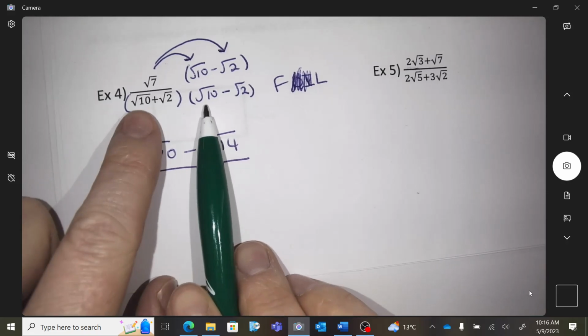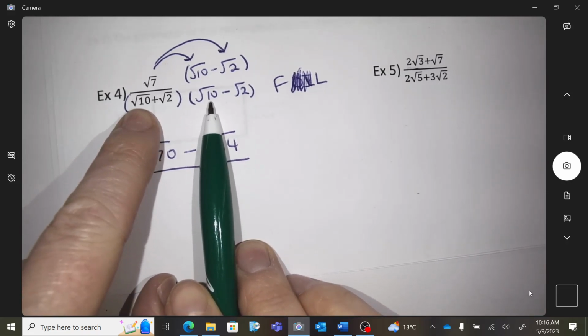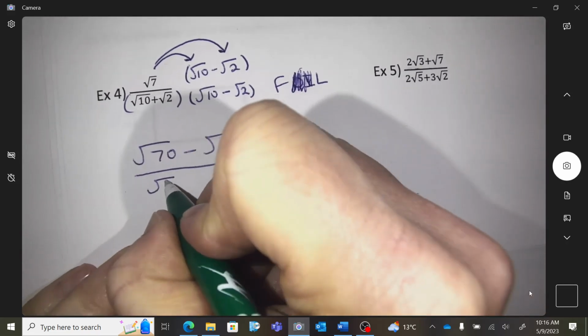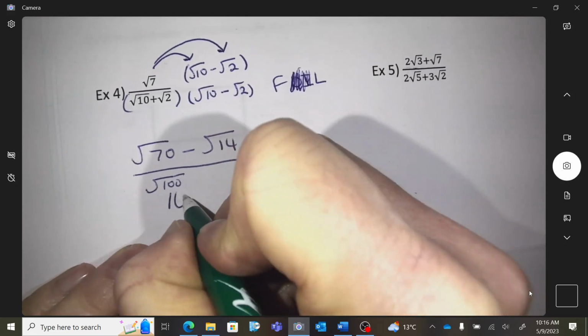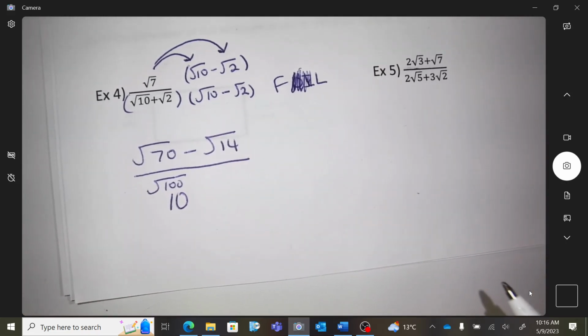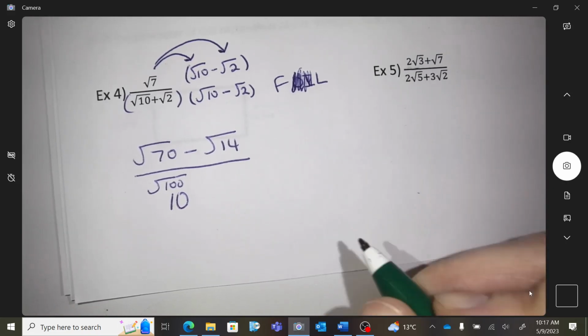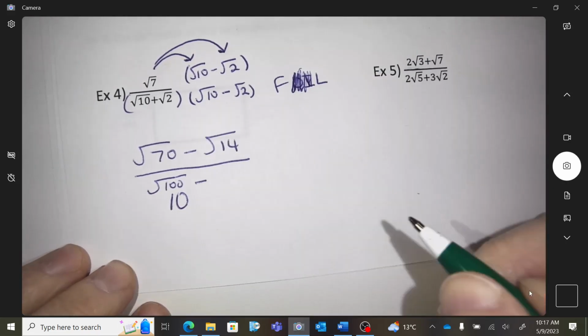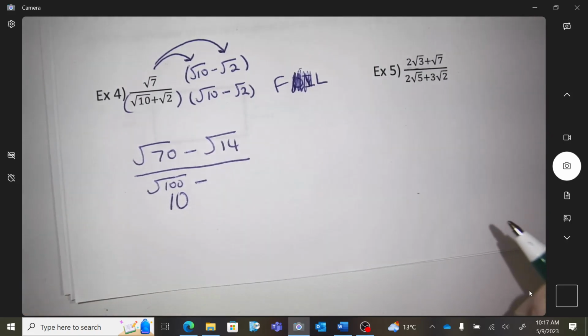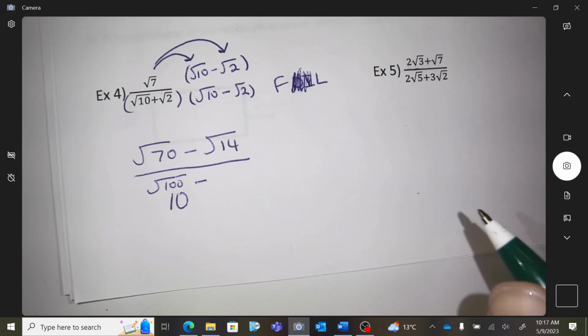Okay, what is the first times the first? Root 100. Or if you're understanding it, I'm okay if you just write whole number 10. Do you understand conjugates will always have a minus? Because there's always plus minus. So there's always a subtract.